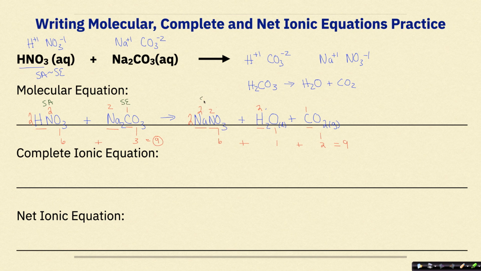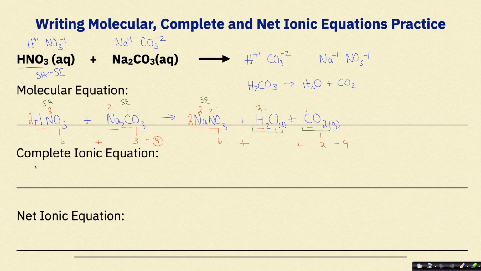NaNO3, that's a strong electrolyte because of the group 1 metal, plus all nitrates are soluble. But then we have water. Water is a liquid. That is going to stay together. That is not going to ionize. CO2, molecular compound, gas, not going to ionize. So these two are going to stay together. We are not going to touch them when we go on to write our complete ionic equation.